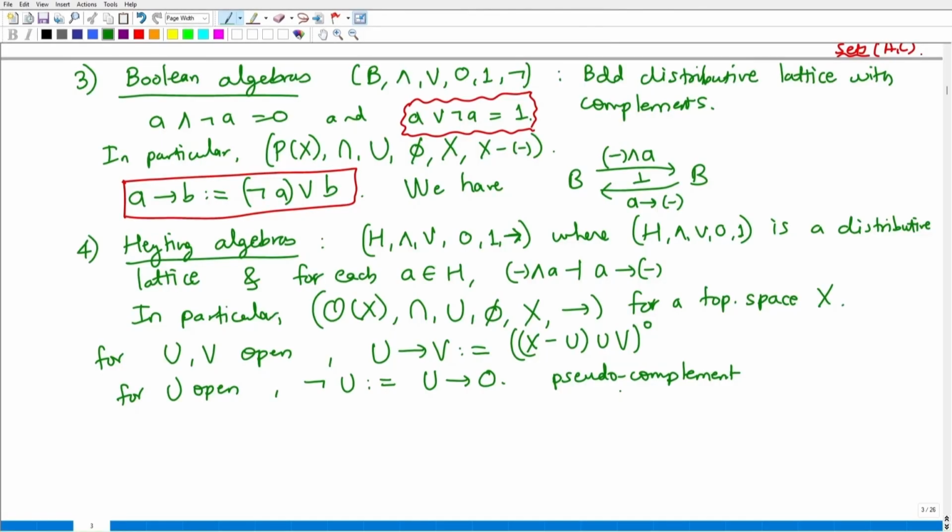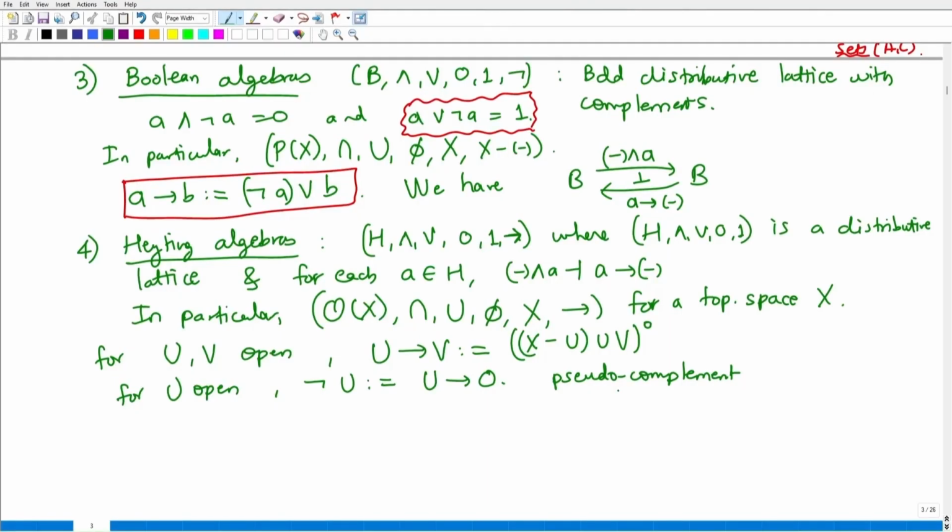Whereas if you take the functor category C sets, where C is small, then the subobject structure there will be that of a Heyting algebra, because this functor category is a topos, and the internal logic of a topos is intuitionistic.